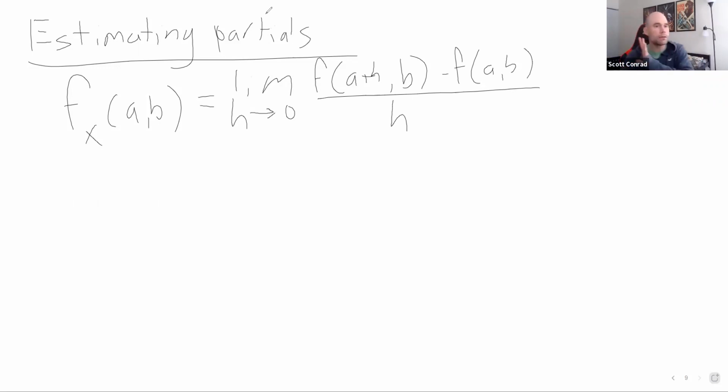And we leave y fixed, and we divide by how much we changed x by. So if you're going to take away the limit here, we do f of a plus a bit, let's say delta x.